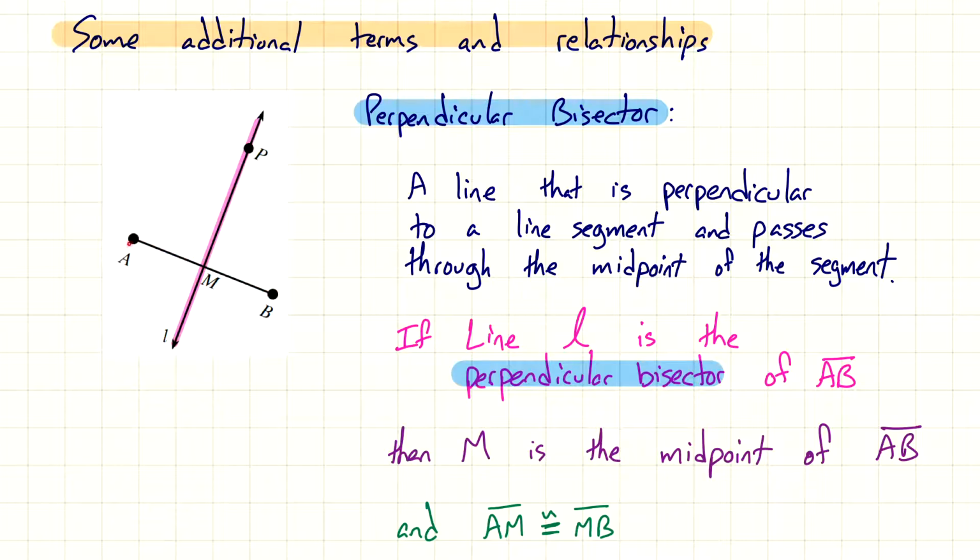So segment has two endpoints, A to B. So perpendicular means there's a right angle there. And it passes through the midpoint of the segment. So between A and B, right in the middle of A and B is point M, which is the midpoint.